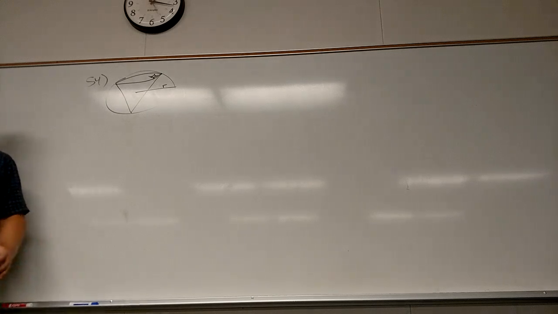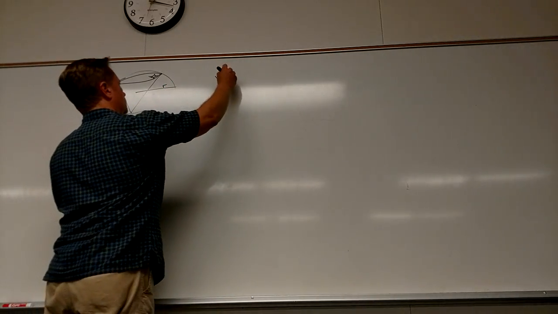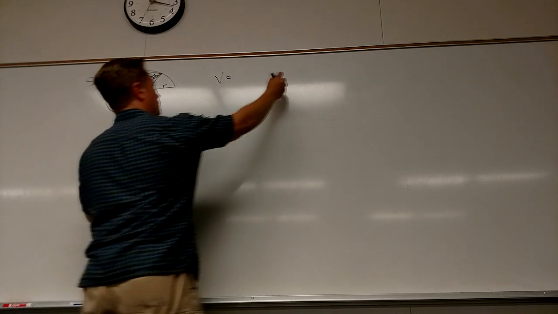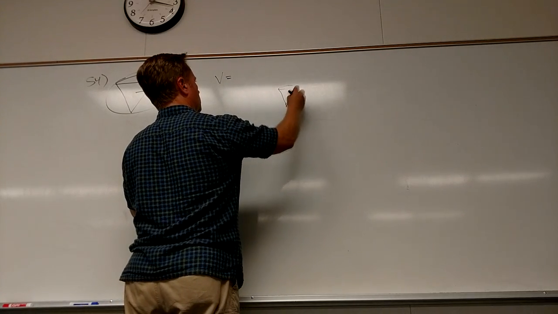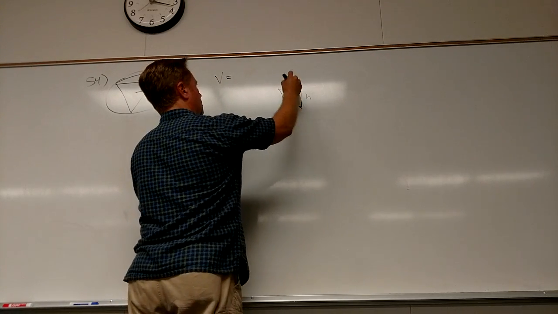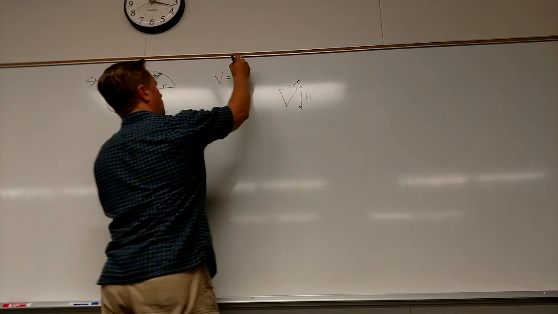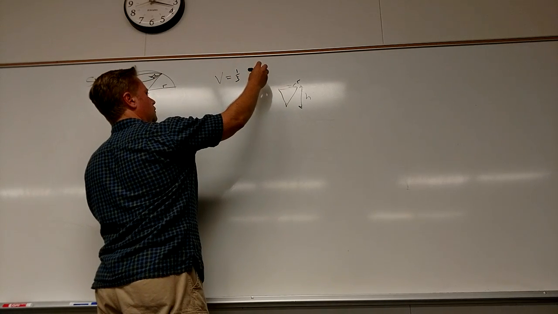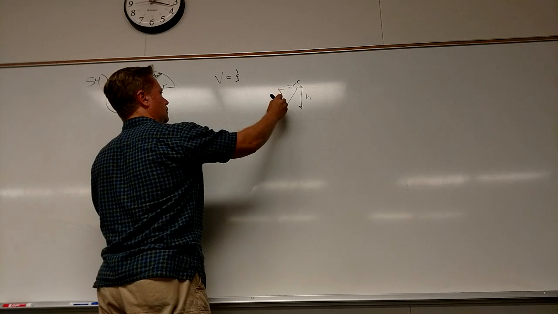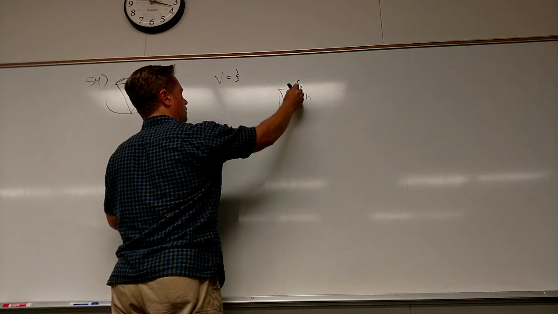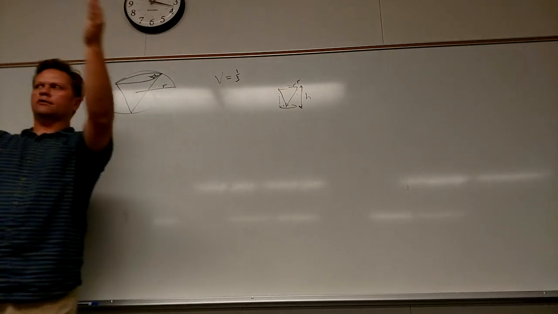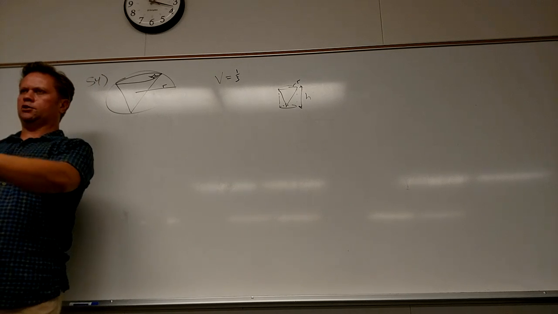So a really good first place is, what's the formula for the volume of a cone? Yeah, 1/3. So a cone is cut out of a prism, which is a repeated shape.